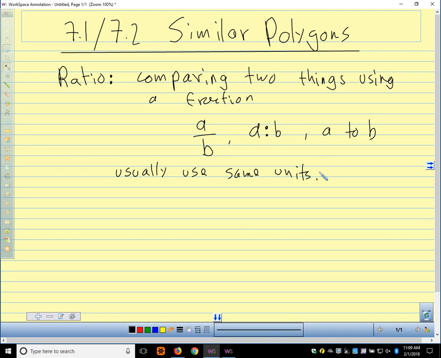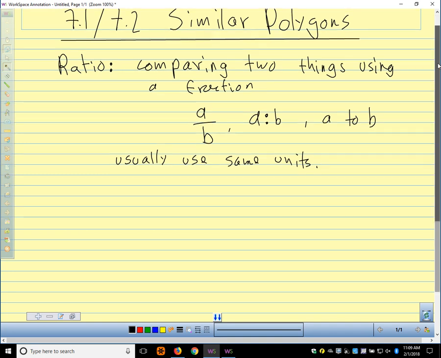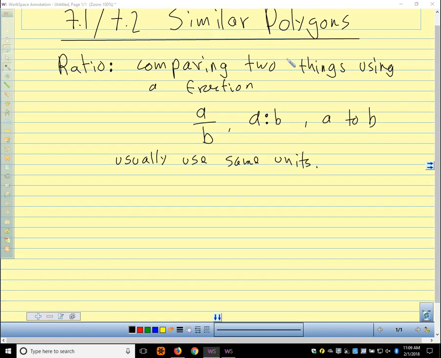The units are not the same, but inch and mile are both units of distance. So you probably wouldn't say 1 mile equals 3 cups of sugar; that wouldn't make as much sense. But when you talk about your car, you talk about how many miles per gallon it gets. So miles to gallons. Sometimes they are different units, but usually we use the same units.